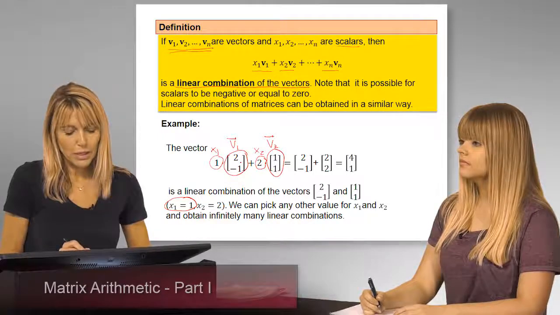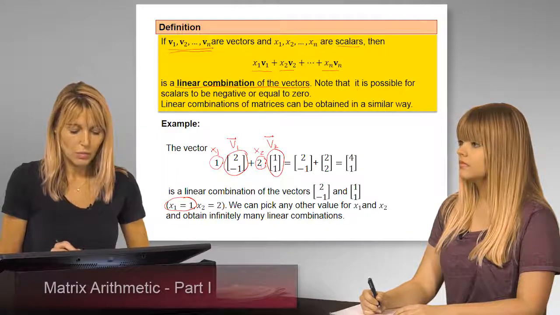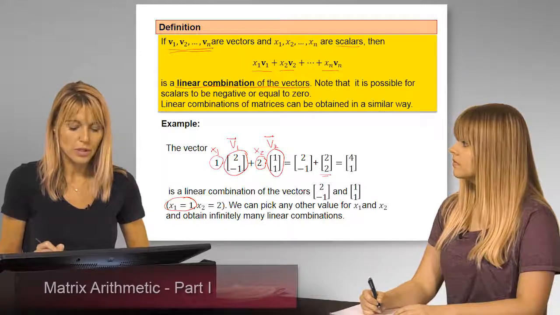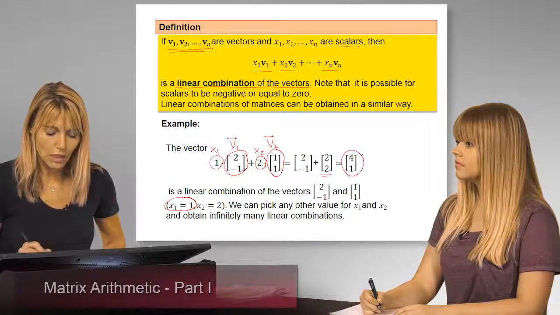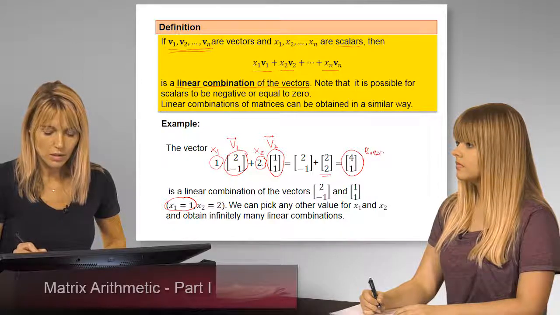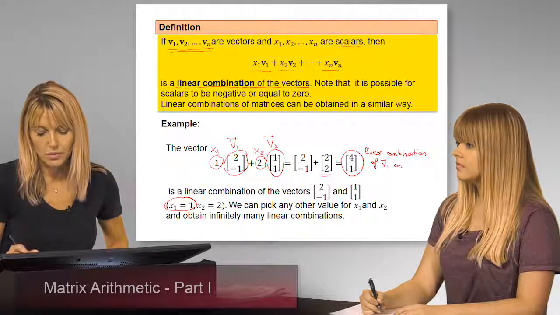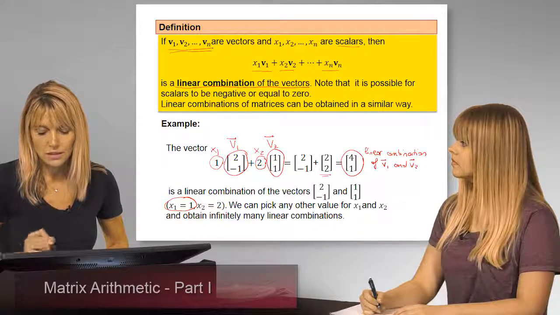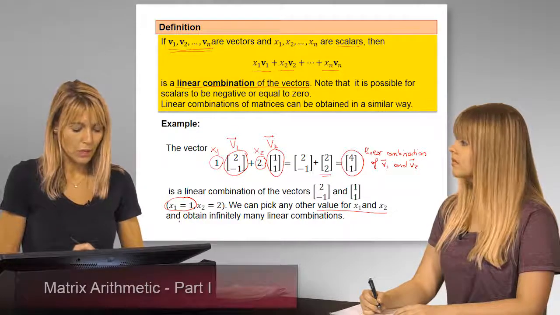So multiplying by 1, of course, doesn't do anything. We get the same vector v1. When we multiply v2 by 2, we get the vector with components 2, 2. Then we add them up and we get 4, 1. So this 4, 1 is a linear combination of v1 and v2.